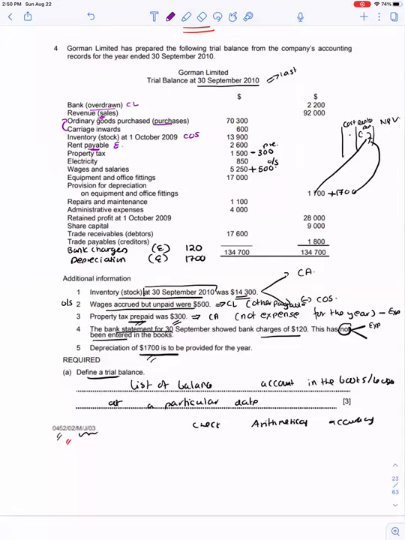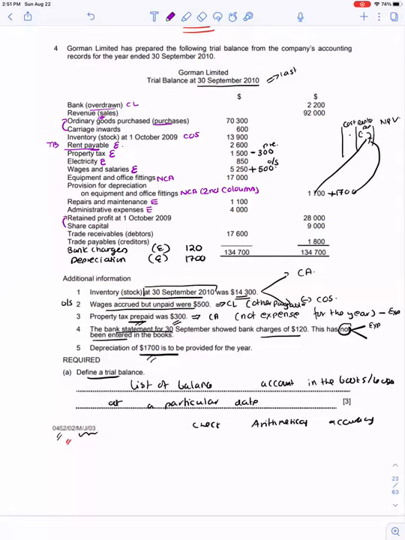In the trial balance, payable will be an expense and income receivable will be an income. Property tax expense, electricity expense, wages and salaries expense. This is your non-current asset, second column. Repairs and maintenance expense, administrative expense, again an expense.